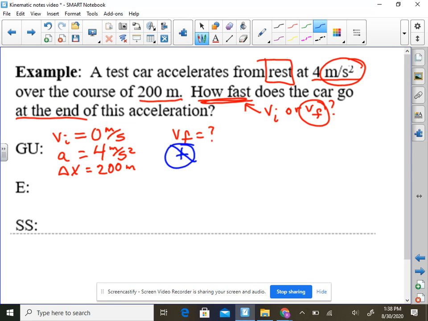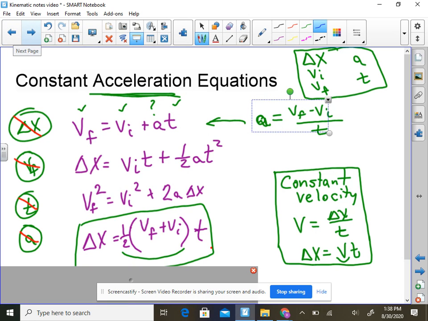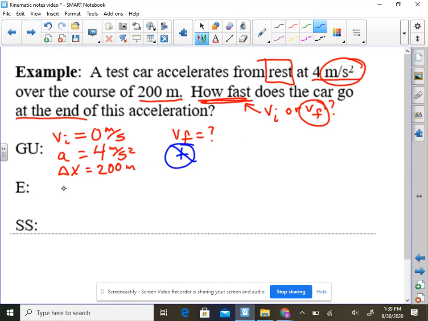And so going back to this list of equations, if I don't care about the time, I know the final velocity, or I'm looking for the final velocity. I know the initial velocity, I know the acceleration, and I know the displacement. This is the equation I want to use. So I call that one the square ax equation.